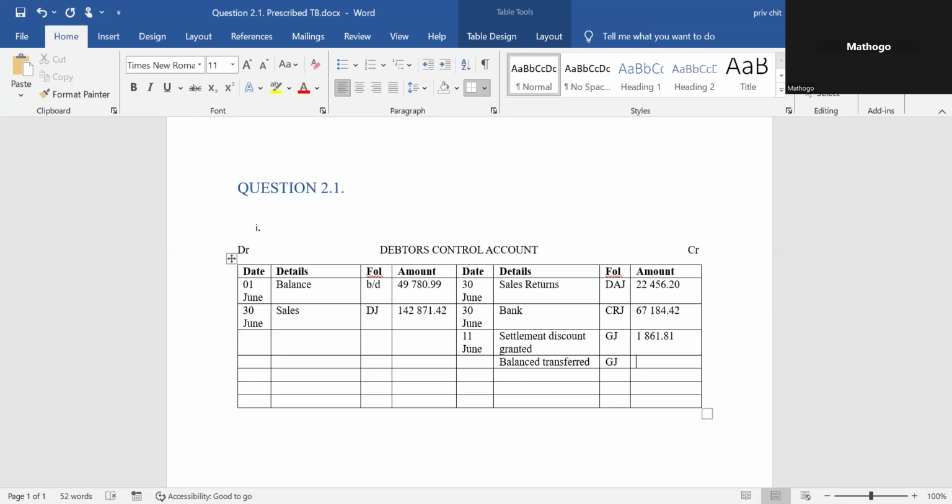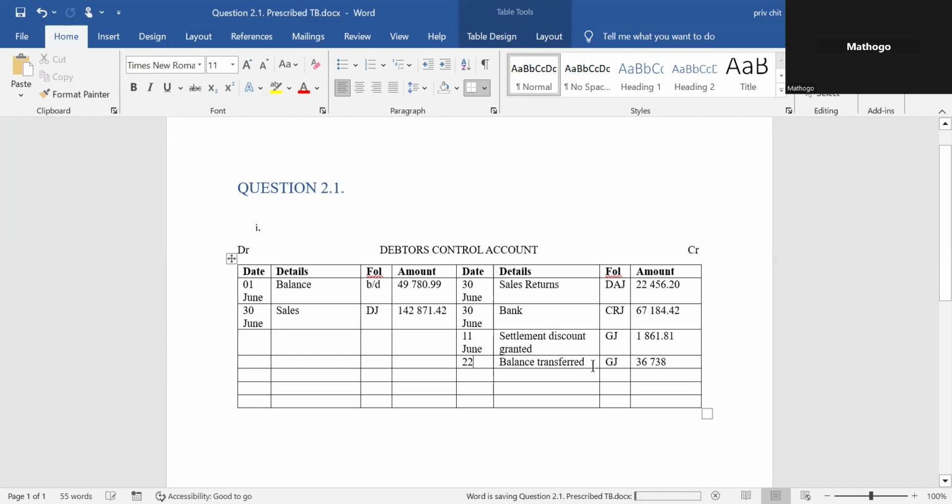And how much is the amount? 36,738. Right. I'll explain to you why it's called balance transferred. The reason could be that they had recorded this individual, K Crank, as a debtor, whereas the person was a creditor to the business.